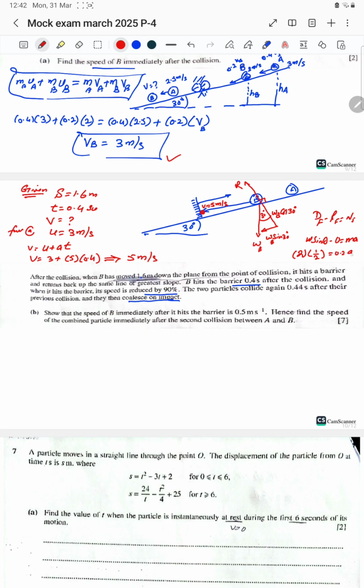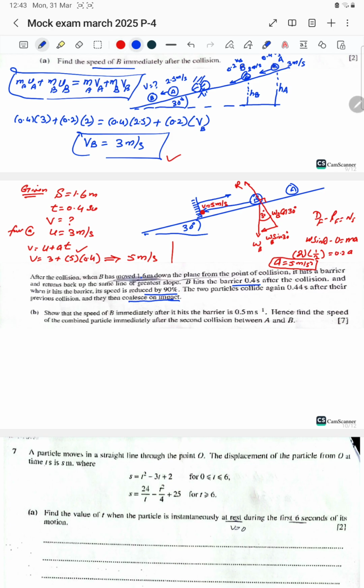So we get 1 divided by 0.2, so a will be 5 meter per second squared. Here we calculate this one and we use it here. So v comes to be 5 meter per second when it hits the barrier. Right.